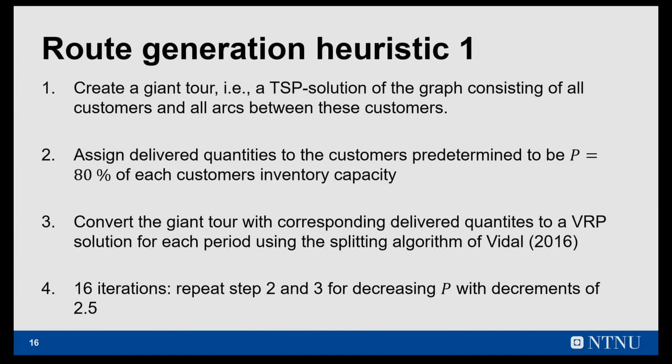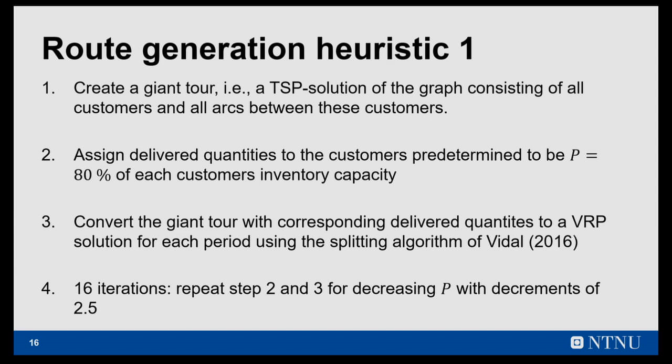So this first route generation heuristic is quite simple. We create a giant tour, which is basically the TSP solution of the graph, except for the depot. And we assign delivered quantities to the customers to be a predetermined percentage of each customer's inventory capacity. So we start at 80% and we iterate slowly, through 16 iterations with decrements of 2.5.